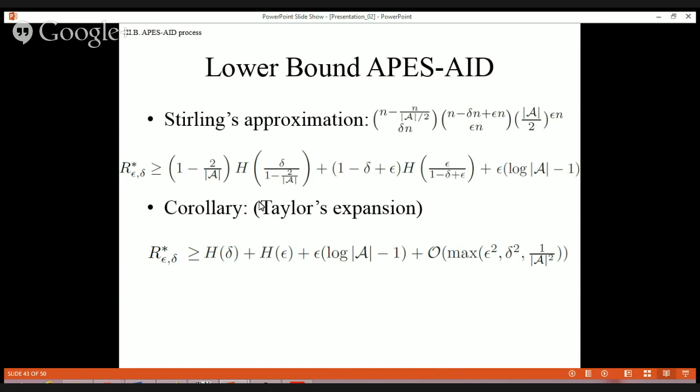Furthermore, we can use Taylor expansion to get this lower bound, up to the first order of epsilon, delta, and log A. The lower order terms are on the order of epsilon squared, delta squared, and 1 over A squared.